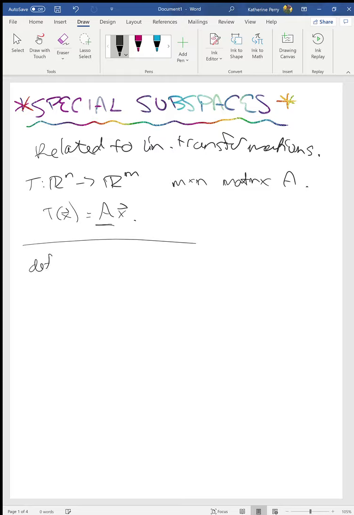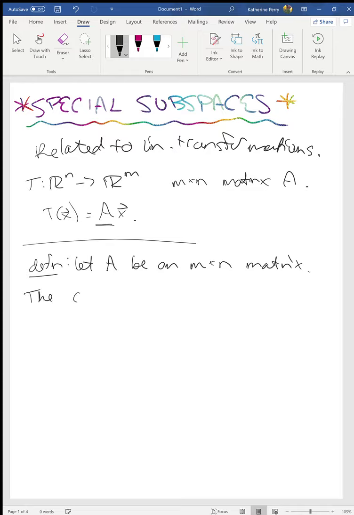So, definition, let A be an m by n matrix. Then I'm going to define something called the column space.